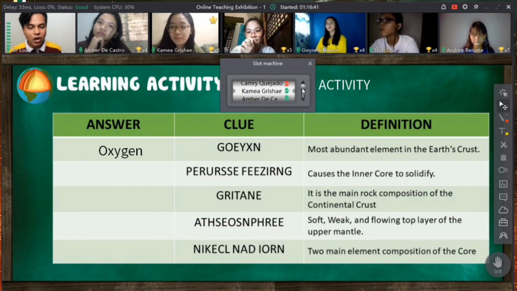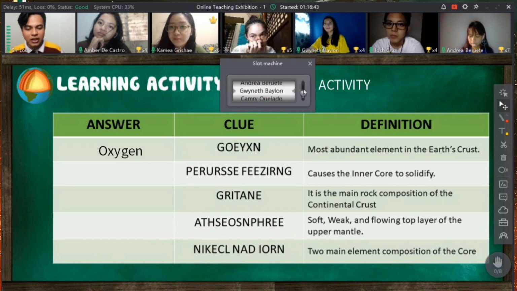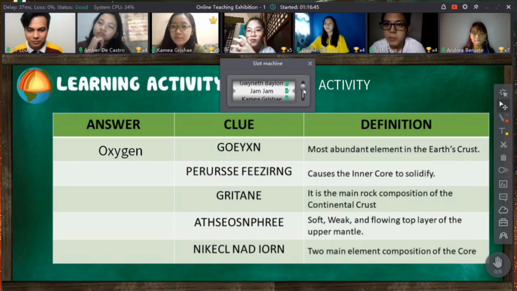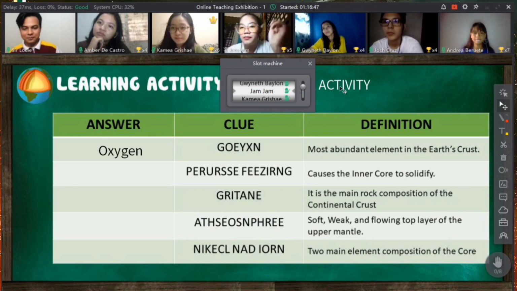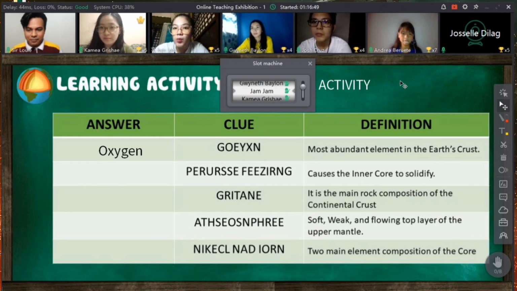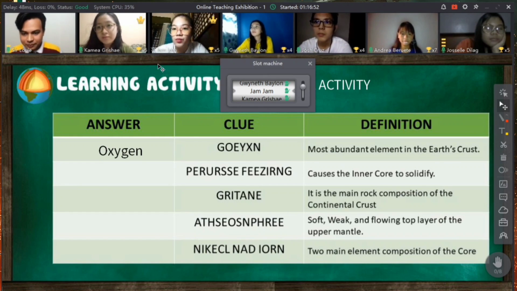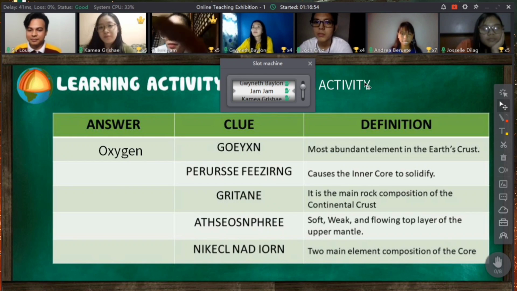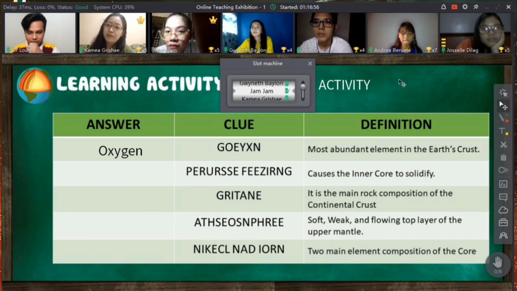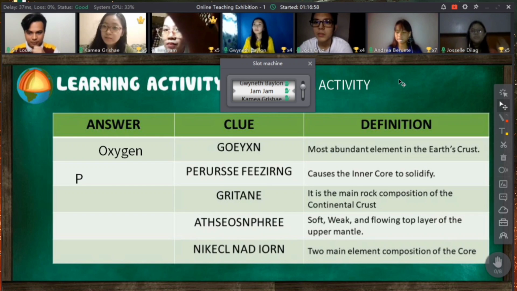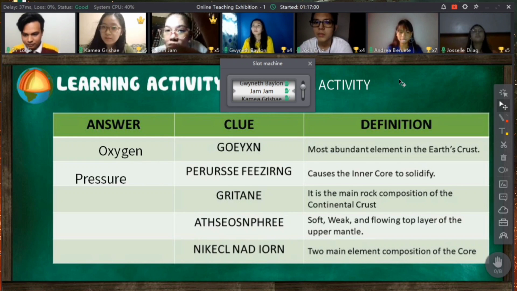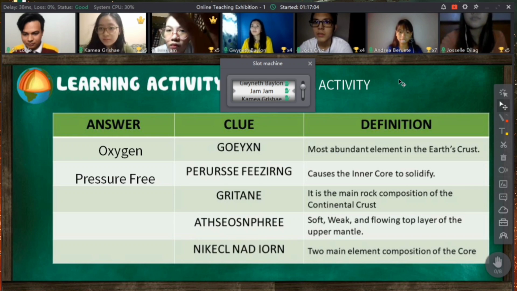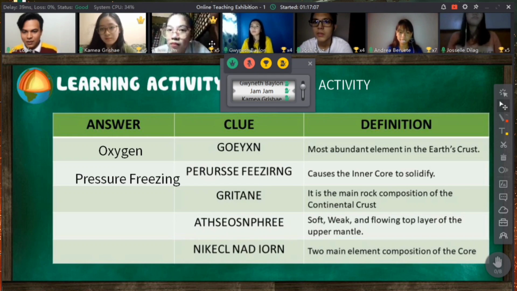For number 2, causes the inner core to solidify. Jamila. Okay, very good.